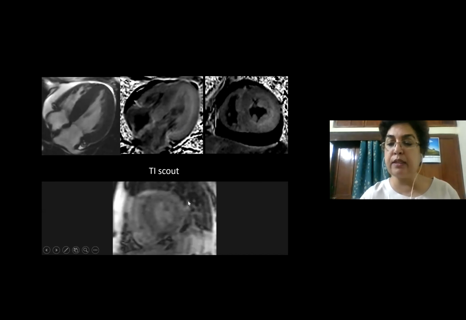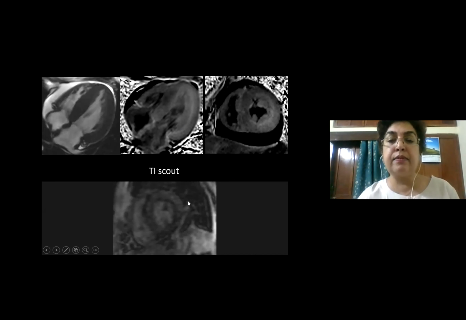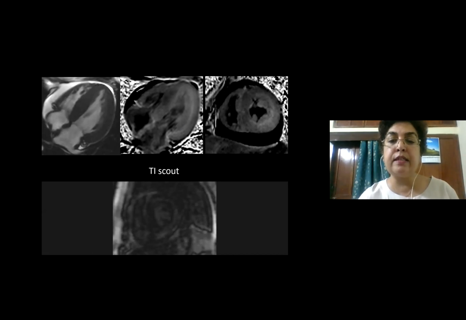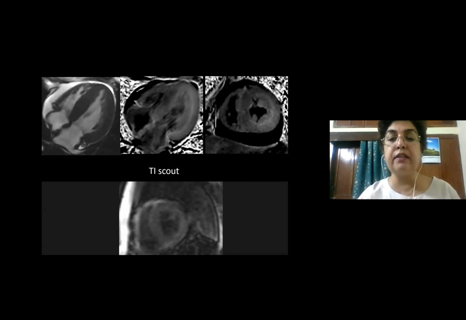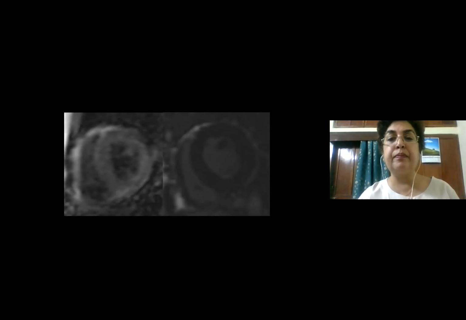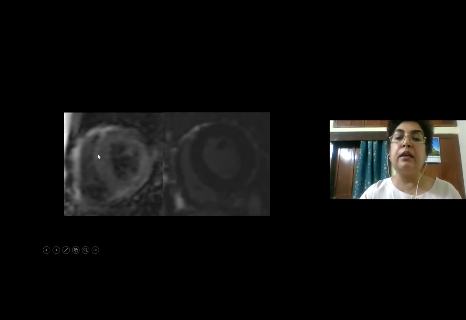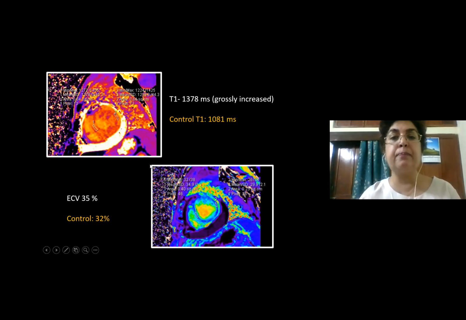And this particular sequence is very characteristic of amyloid, where the nulling of the blood takes place after the myocardium. First, normally the blood nulls and then the myocardium nulls, but in amyloid, first the myocardium nulls and then the blood. So what about parametric mapping?